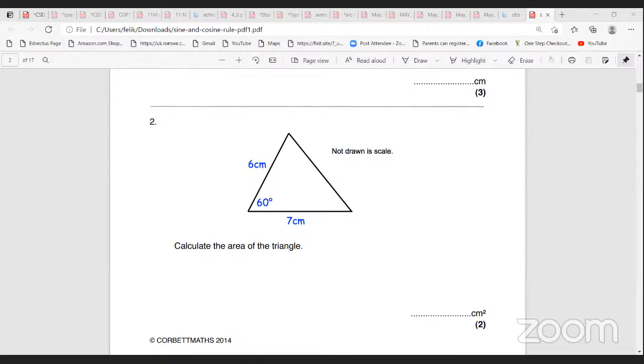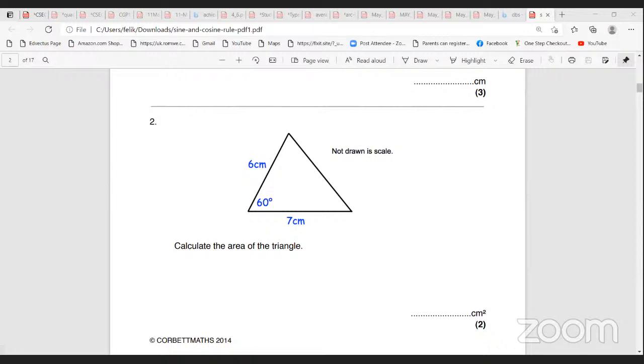We don't know the height, we don't know the base, because the base and the height meet at 90 degrees. So when we don't know the base and the height, we can't use half base times height.